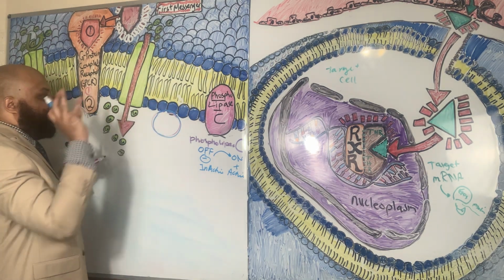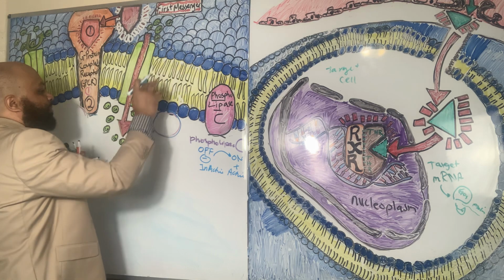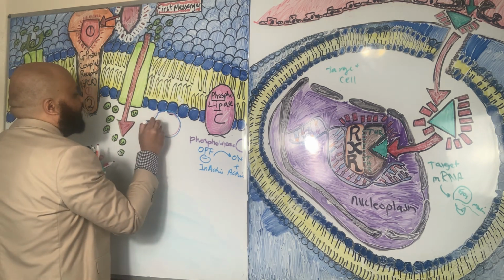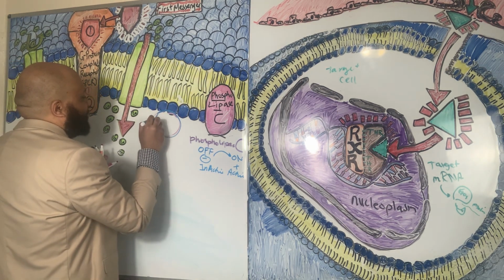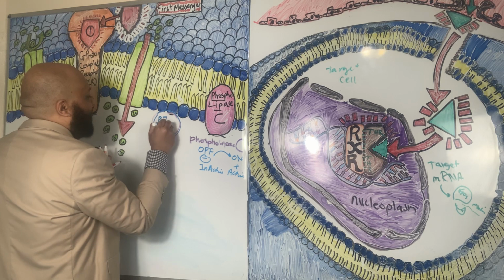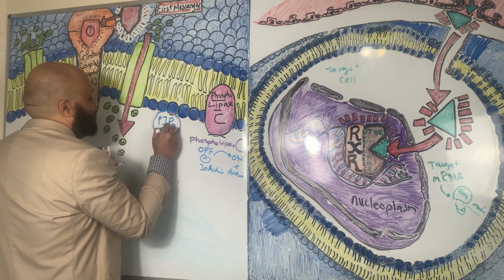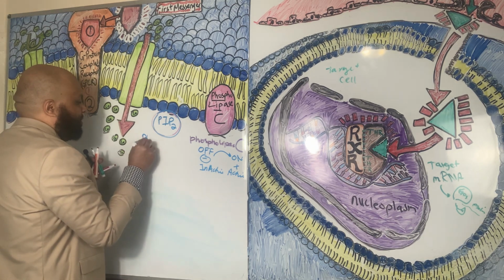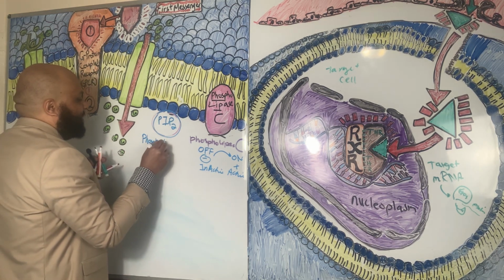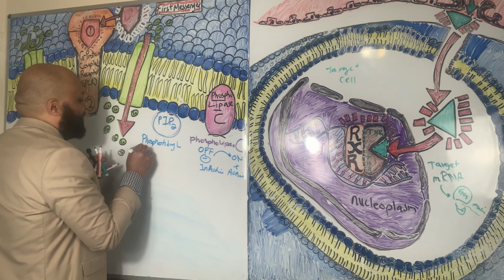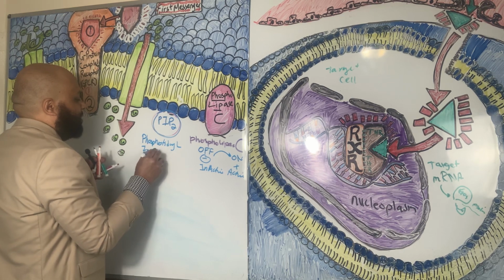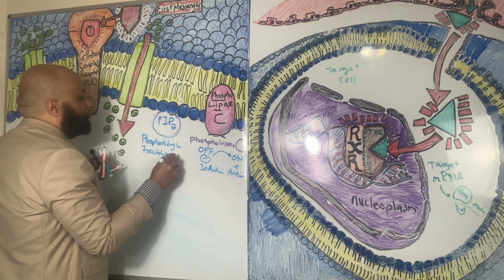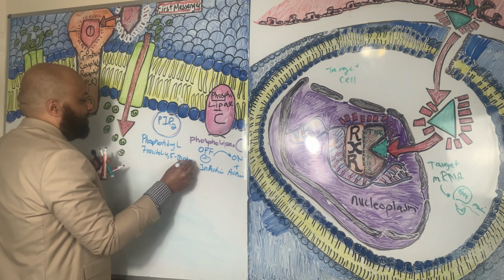And that would, when phospholipase C is activated, it will snatch a fragment. It will take a bite off of the cell membrane of a very important phospholipid known as PIP2. So we would have phosphatidyl inositol 4,5 biphosphate.